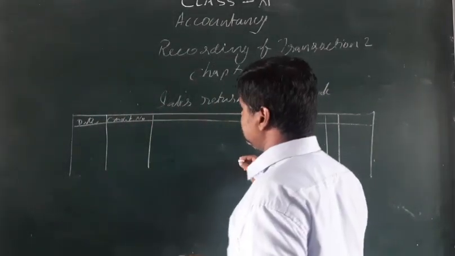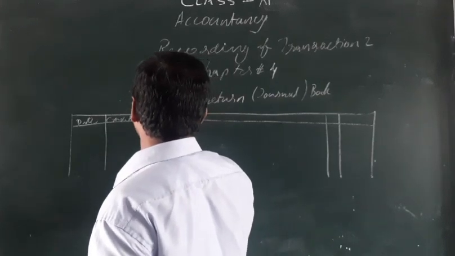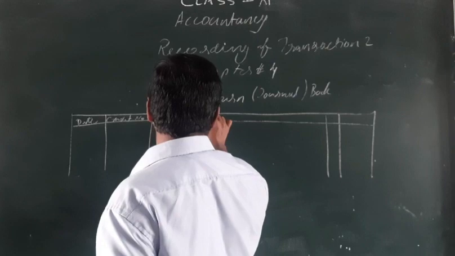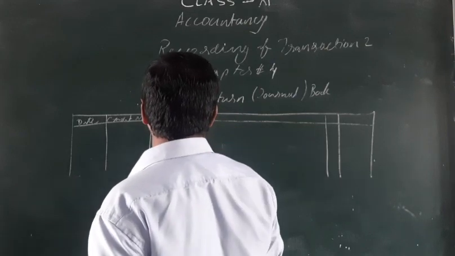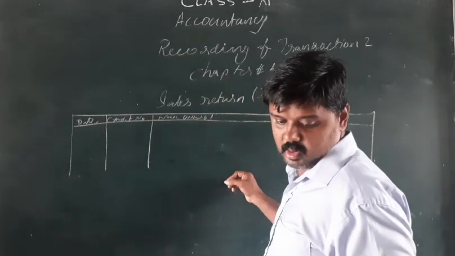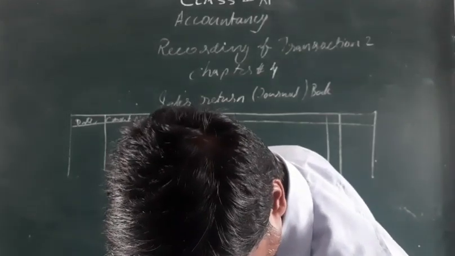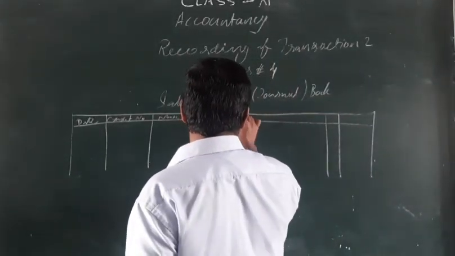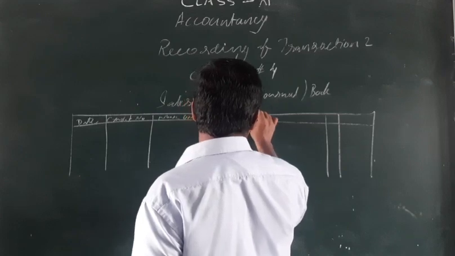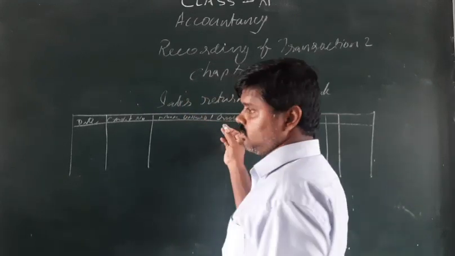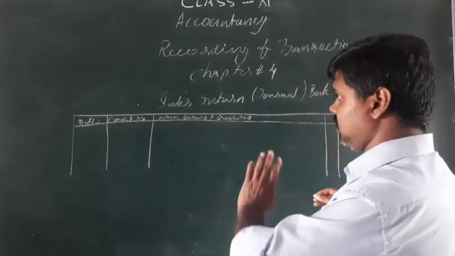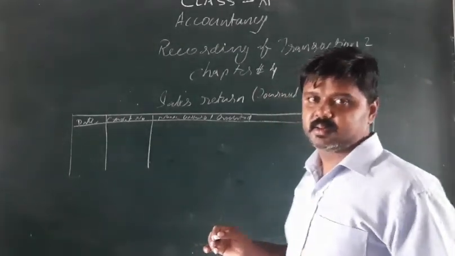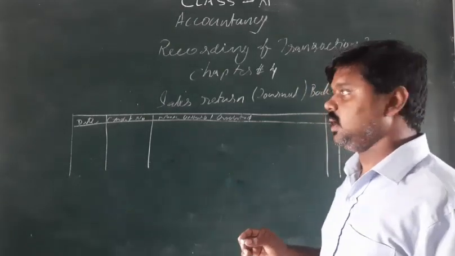And here, the name of the customer or account to be credited. That means before that, the customer's account would be debited, since we consider it as our asset.